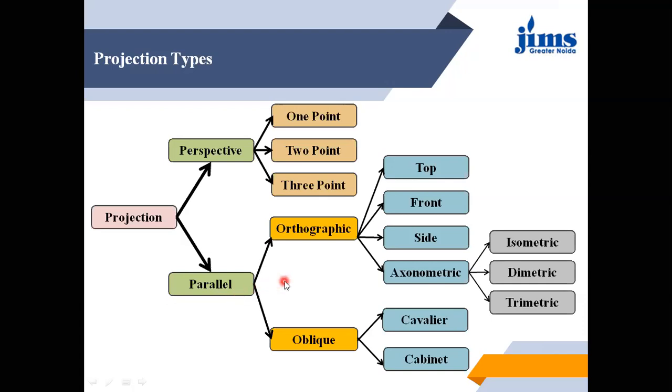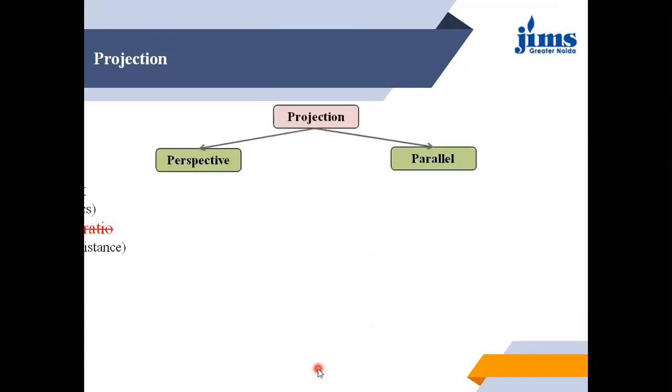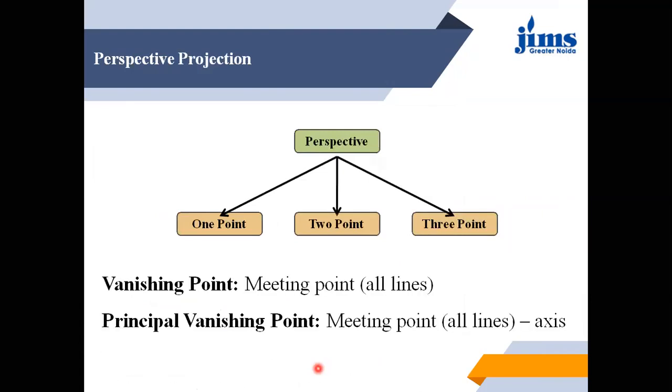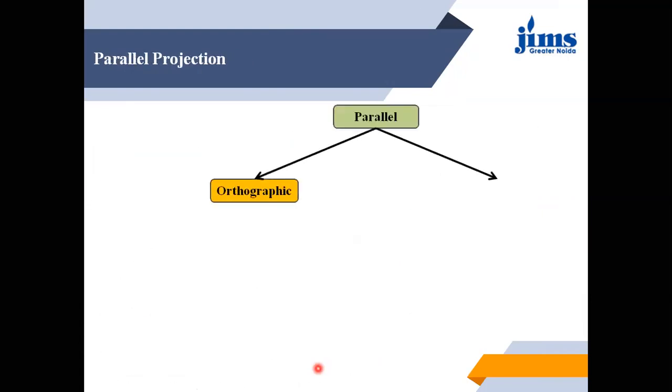As I told you, showing the slides, we divide parallel projection into two parts, that is orthographic and oblique. You can see from here that we divided parallel projection into two parts, orthographic and oblique.